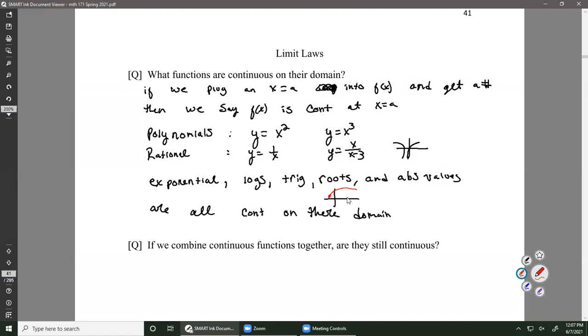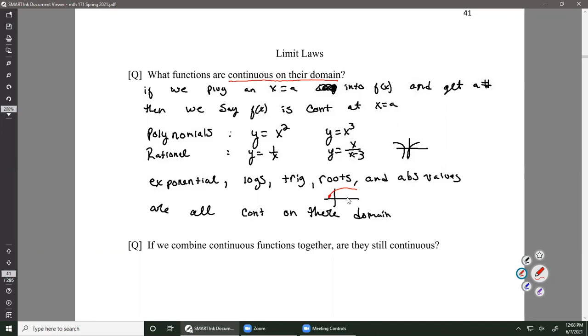So, any questions about that? A lot of people have trouble getting their head around the fact that these functions aren't continuous everywhere, but they are on their domain. That's the key phrase that you'll see on your test: on its domain, is this thing continuous?